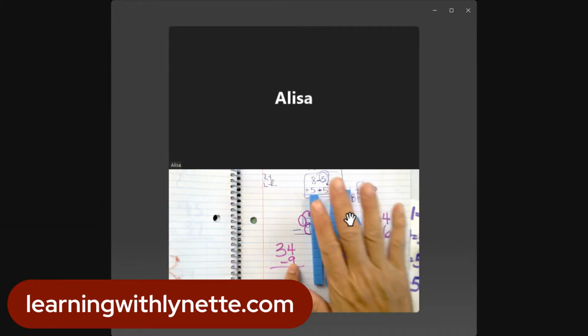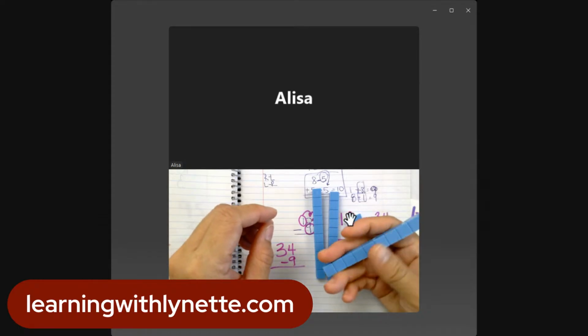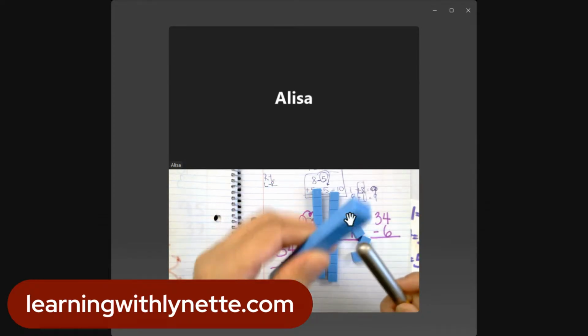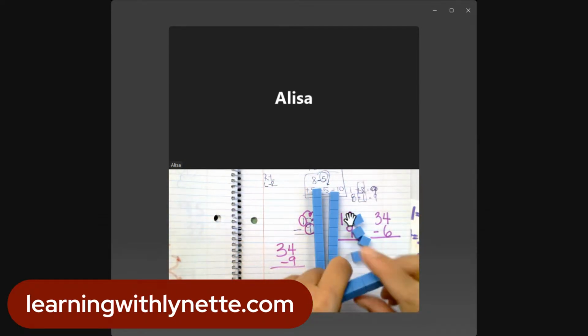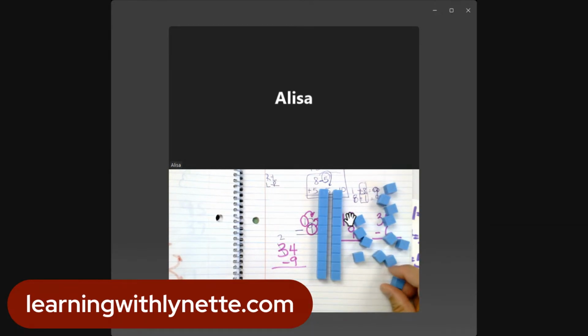But to take away the 9 from this group, we have to break this up, right? To break this up, what happens? I'm left with 2. And then this becomes 10. 2, 4, 6, 8, 10.